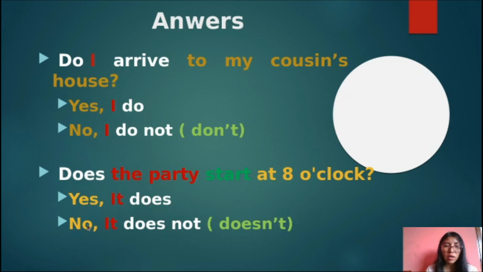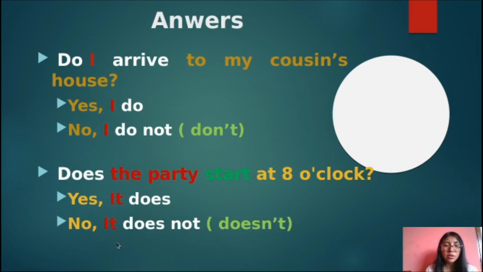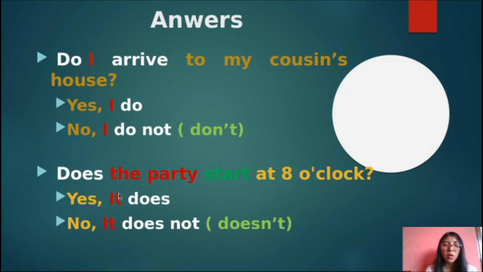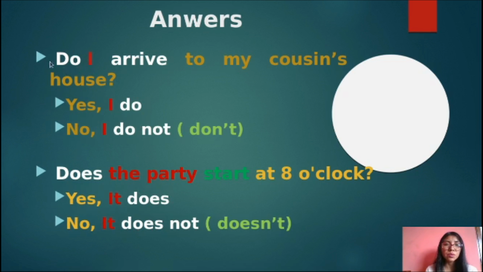Or no, it does not, or no, it doesn't. Okay, remember, in the answers you are going to use the auxiliary that you use in the question. In this case I use does, so I answer with does. If I ask with do, I answer with do.